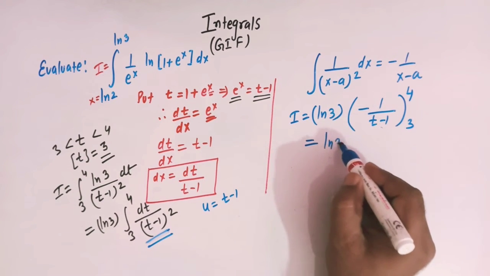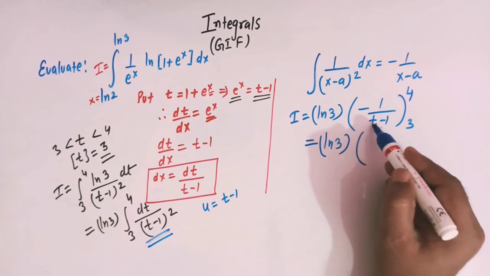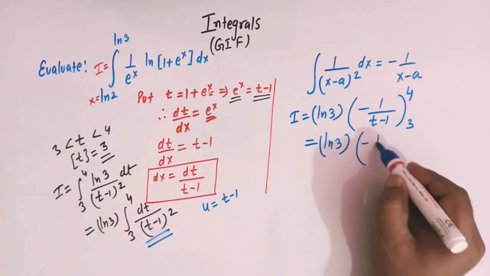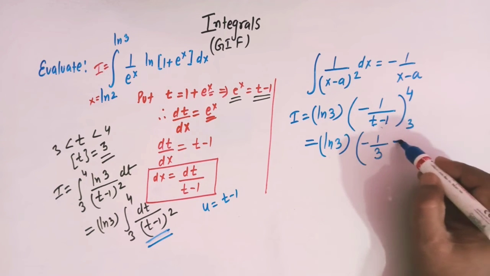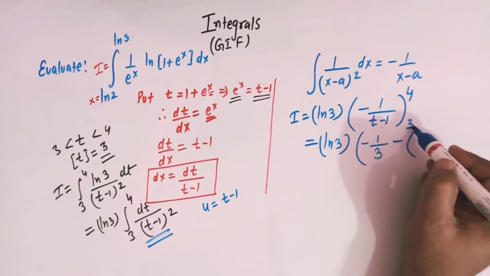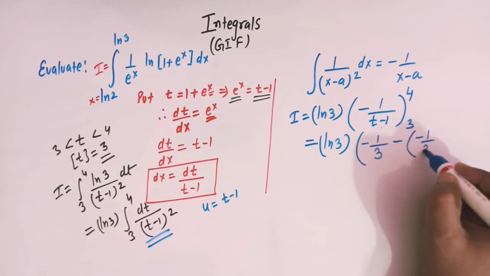So we have ln 3. Now substituting t equal to 4, we have minus 1 over 4 minus 1, which is 3. Then minus, with t equal to 3, 3 minus 1 is 2, so we have 1 over 2.